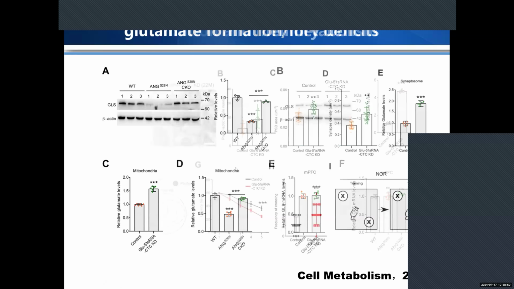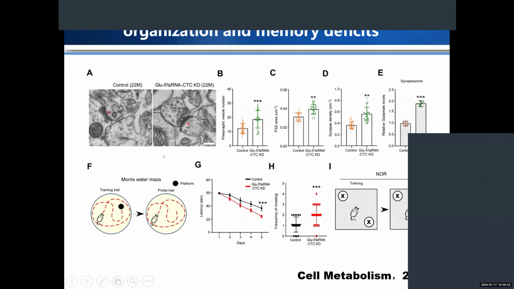We also analyzed the glutamate level in the mouse brain. We also found the glutamate level is actually decreased. This EM structure also shows glutamate containing vesicles, and these glutamate containing vesicles also decreased.